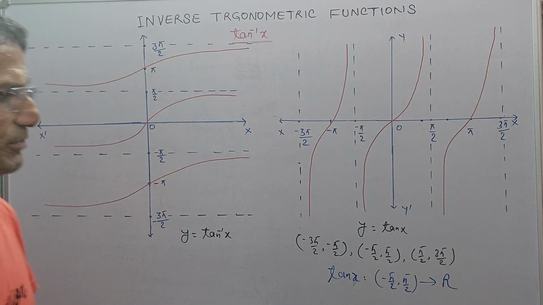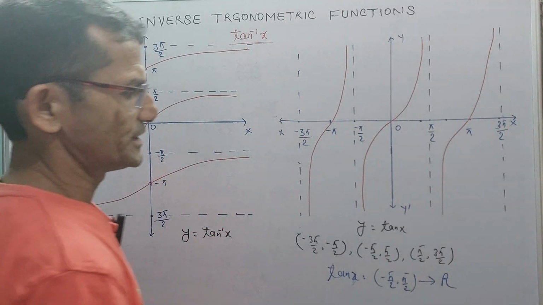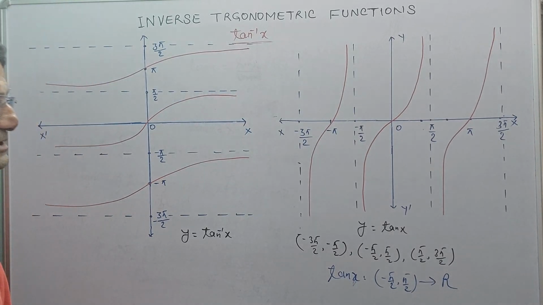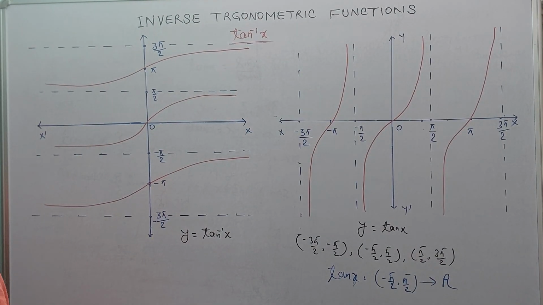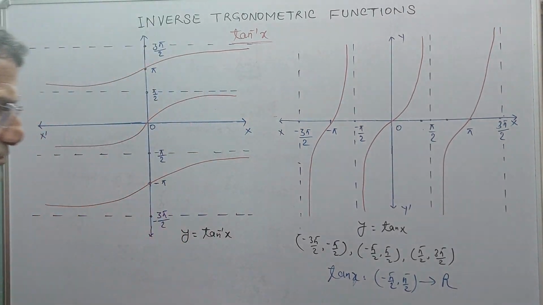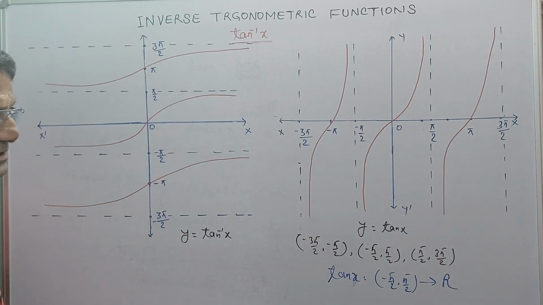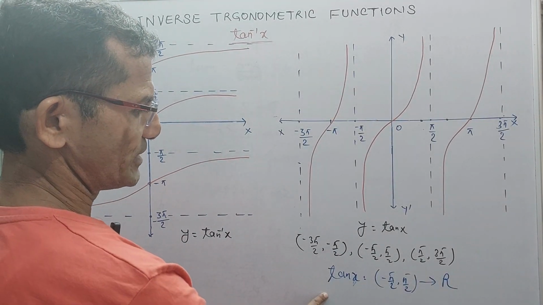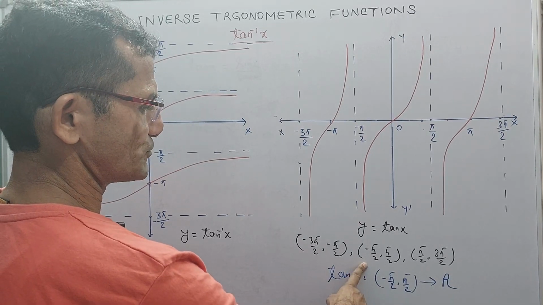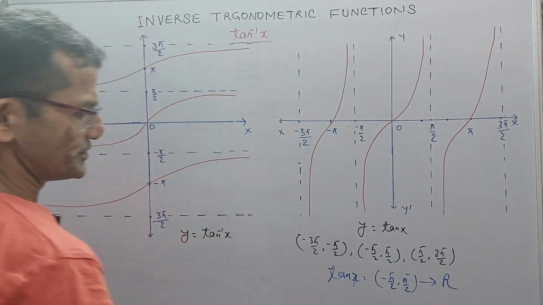If I interchange the domain and range of the tangent function, we will get the domain and codomain of the tan inverse function. The condition is the tangent function should be one-one onto. So take a particular case, the interval minus pi by 2 to pi by 2. On this interval, the tangent function is one-one onto.